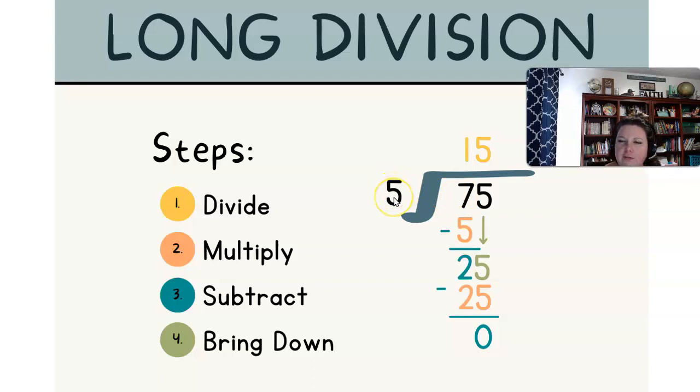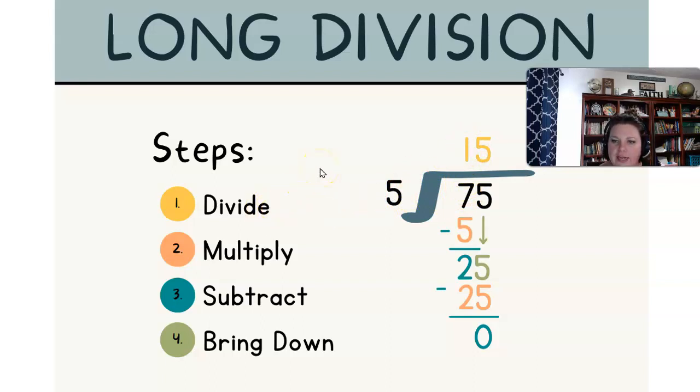But I do know that 5 times 1 is pretty close to 7 without going over 7. So 1 will be our number that we'll go with. So 5 goes into 7 one time.